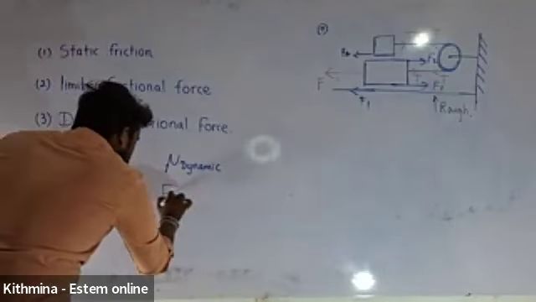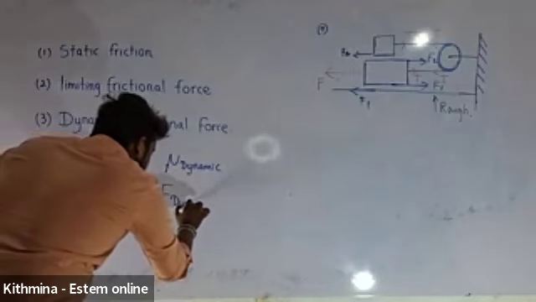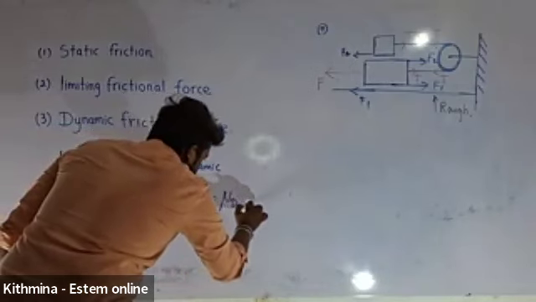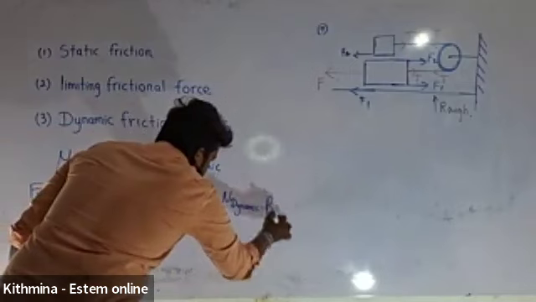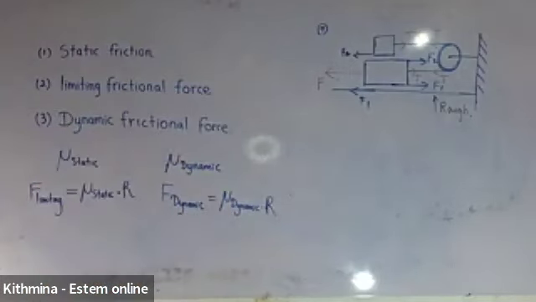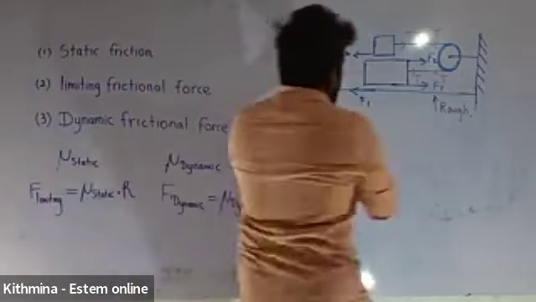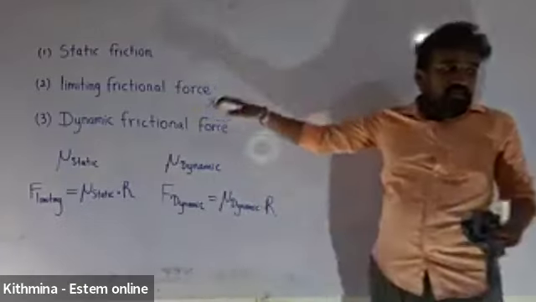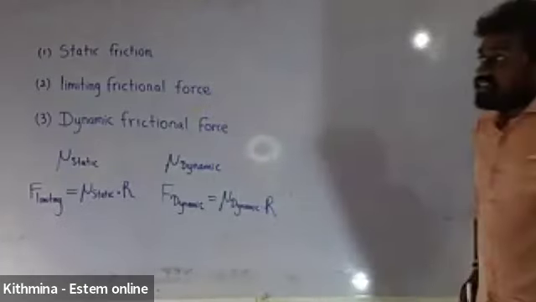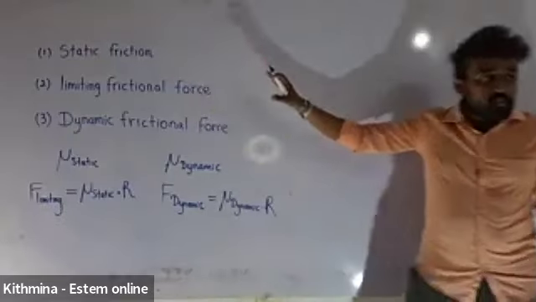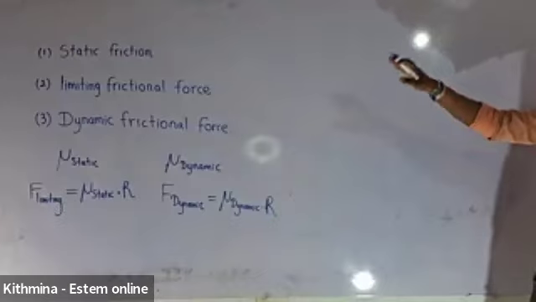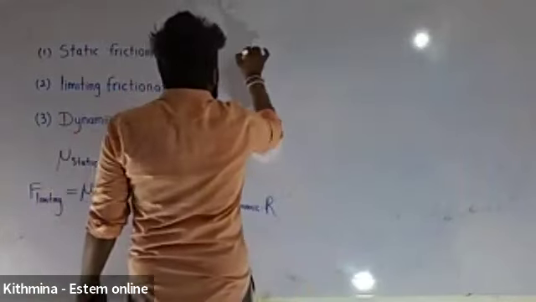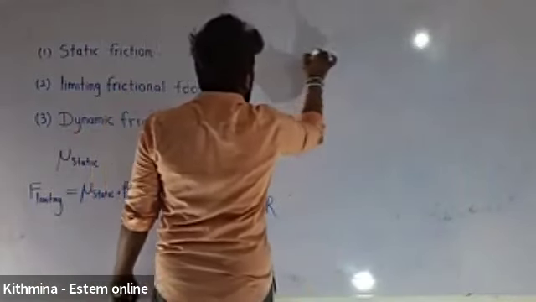The dynamic frictional force can be obtained from F dynamic equals mu dynamic into R. All of these frictional modes depend on the magnitude of the applied force.